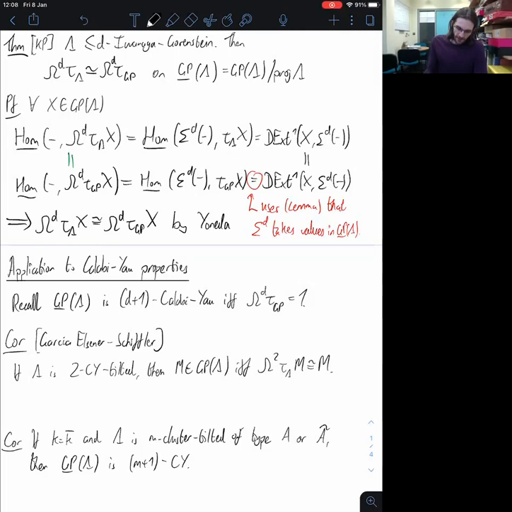So how do we deduce this from our result? Well, we use some other work by Keller and Reiten, which says, firstly, that an algebra lambda in this class, a 2-Calabi tilted algebra, is 1-Iwanaga-Gorenstein.